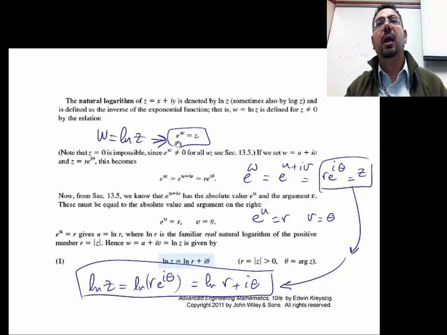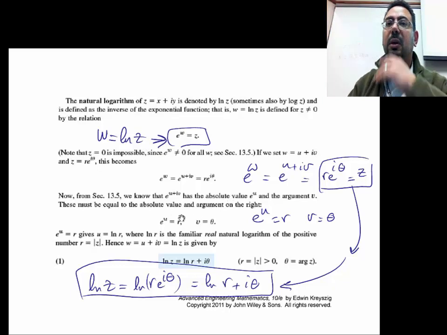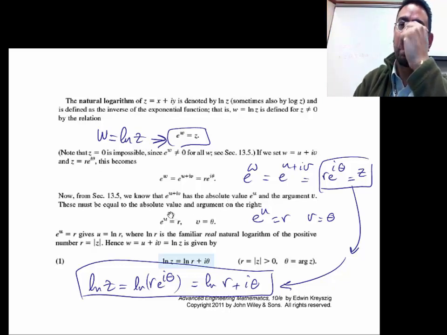So, the natural log of z. If e to the power w is z, then w would be ln z, just like the real number. And I guess he's just trying to prove it over here. ln z is obviously ln of r e to the power i theta.